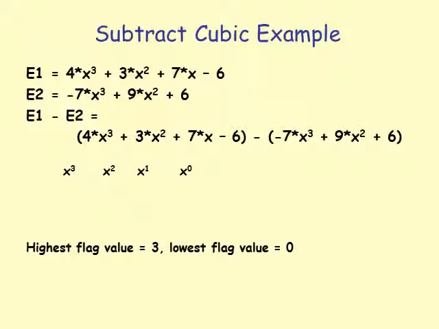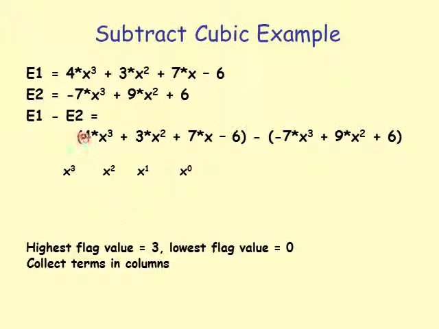Okay, and so we need a column for x cubed, for x squared, for the first power of x, and for the 0th power of x. We collect terms in the columns.